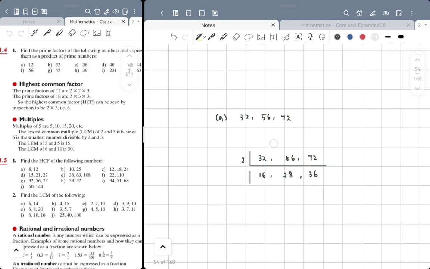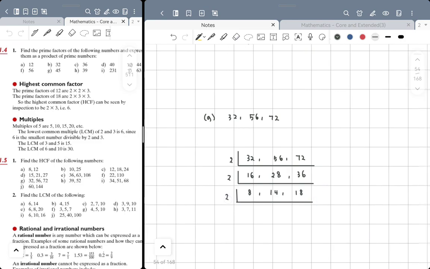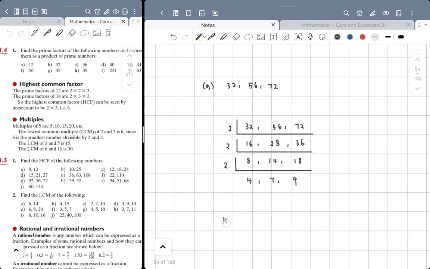Then they can be divided by 2 again. If you know it's 4, you can go ahead and write 4, but I like to do it the small way. 8, 14, and 18. And then by 2 again: 4, 7, 9. It cannot be divided further. So the HCF is the product of the divisors on the left, 2 times 2 times 2, which is 8. Done.